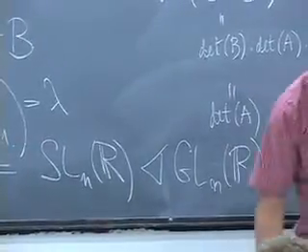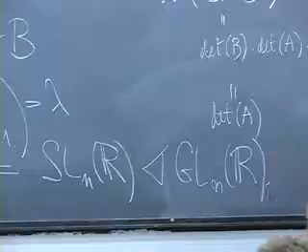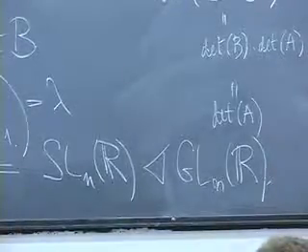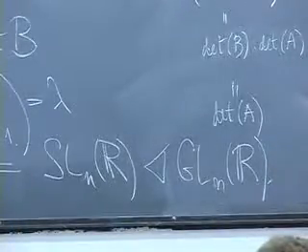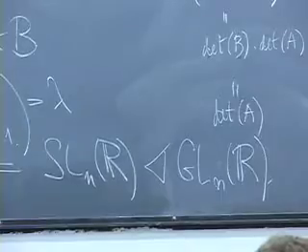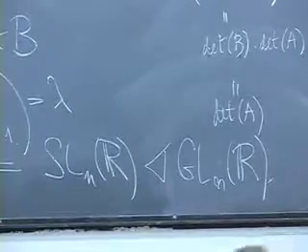Okay? Now let's do a little bit more serious homomorphism. This is an extremely important homomorphism in group theory. We have two general groups that we know about, GLN and SN. So we should have a homomorphism between them.